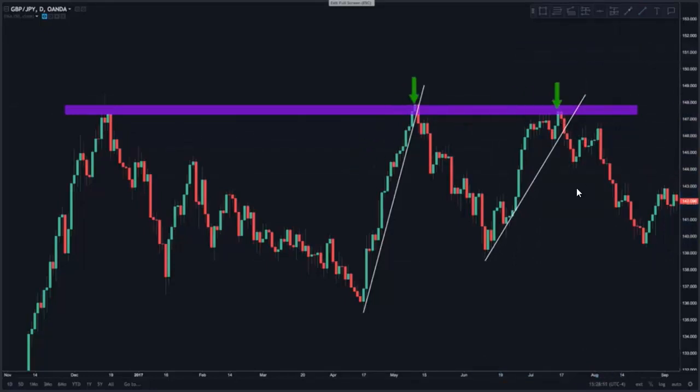Now, notice how when price gets to these areas, it breaks the trend line, which is bearish price action, and confirms the weekly bearish bias.